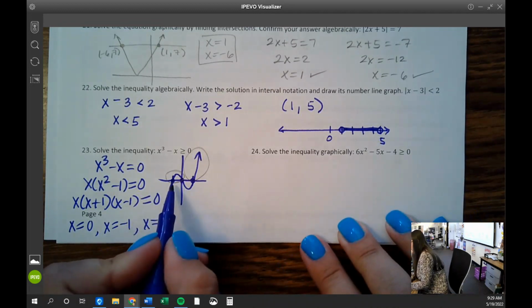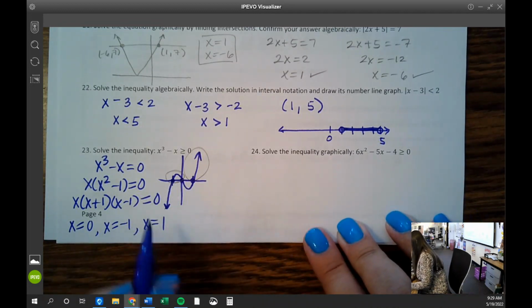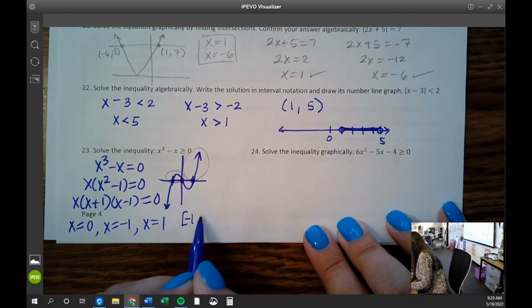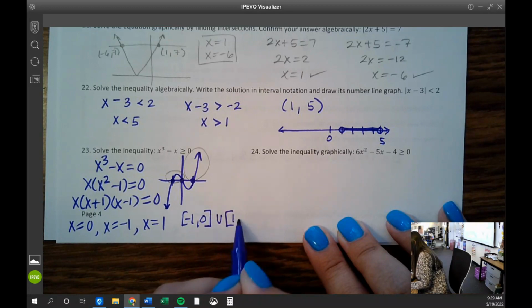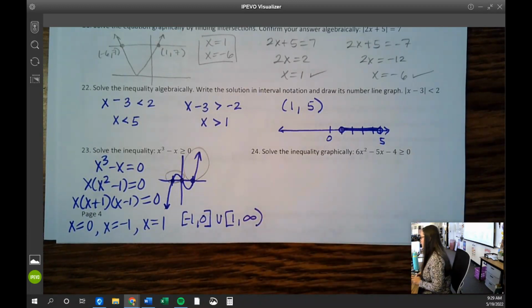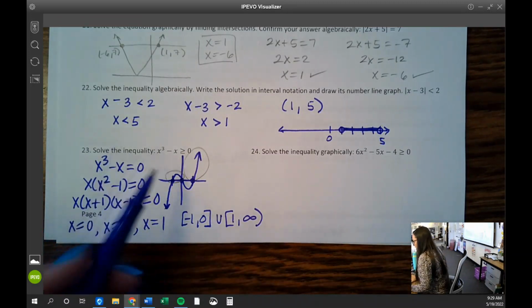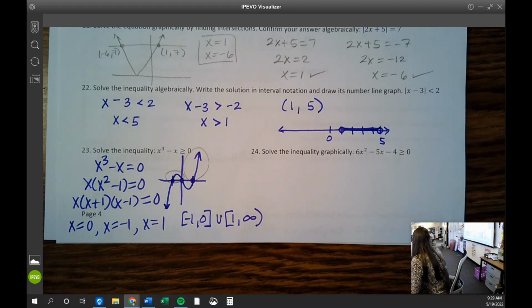So this would be any number between -1 and 0, and any number from 1 to infinity. And I can include -1, 0, and 1 because the inequality is greater than or equal to 0.